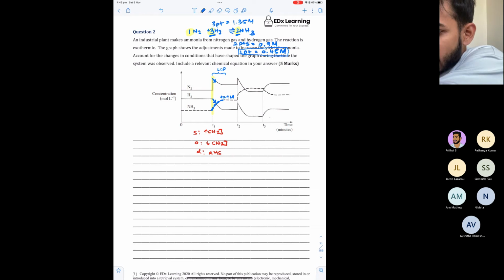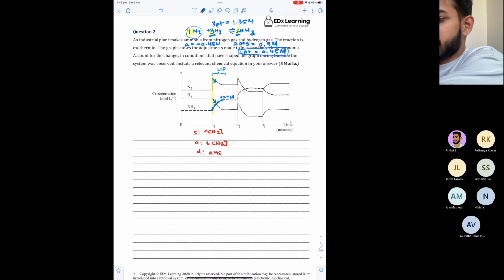And Anne, how many parts does nitrogen change by? By 1. 1, right? So nitrogen must change by 0.45 moles per liter. And did nitrogen increase or decrease looking at the graph? Nitrogen decreased. Exactly, so we just put a negative sign there.